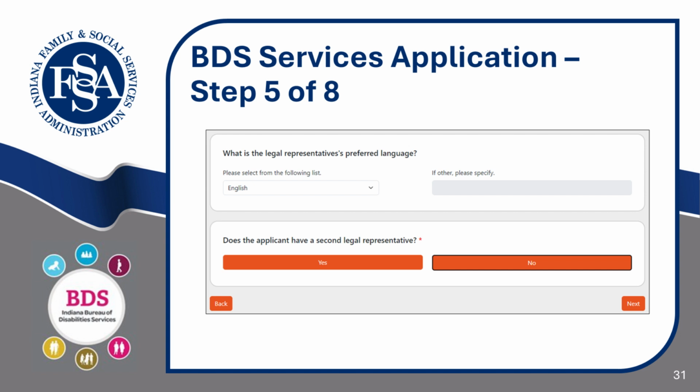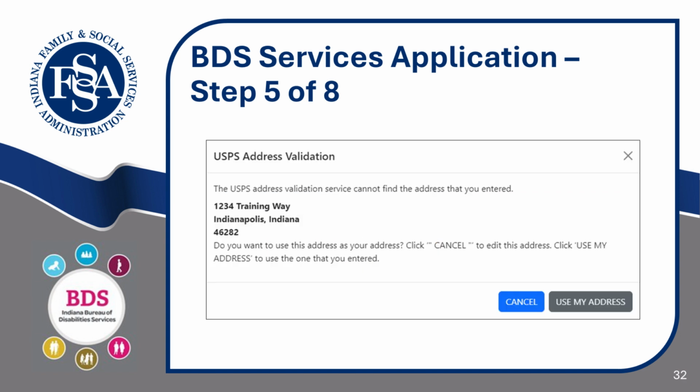If yes is selected, all the same fields for the first legal representative will display again to be completed for the second legal representative. Again, after clicking Next, if you entered an address, the USPS validation will appear to have you confirm the entry.